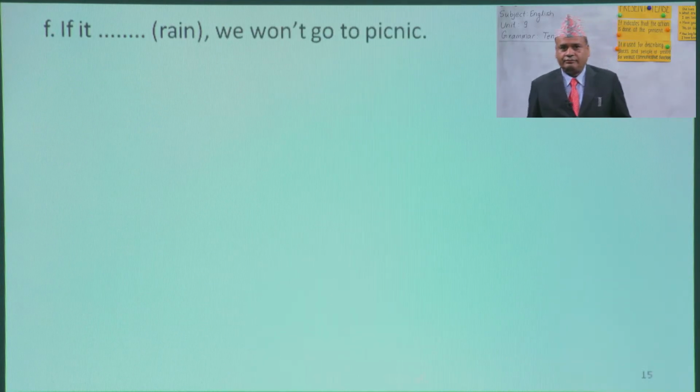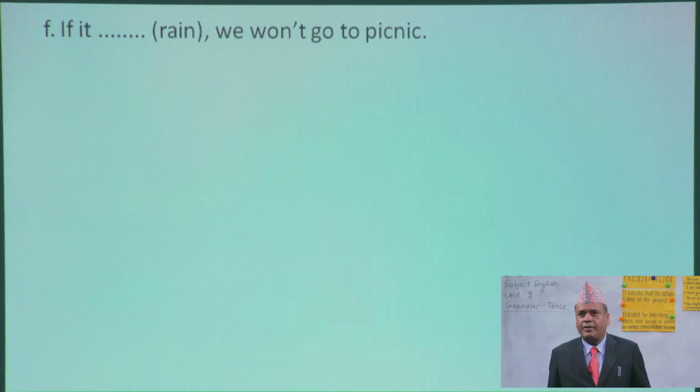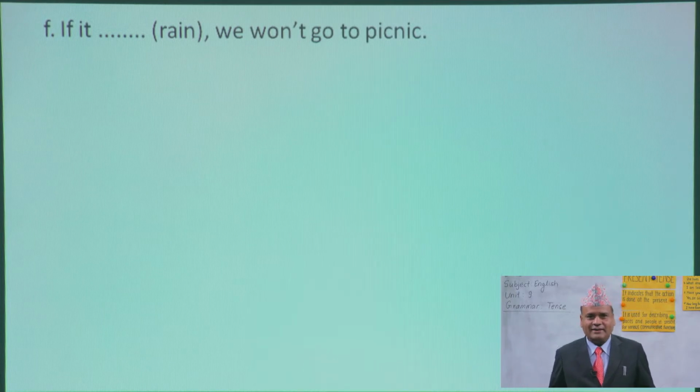Let's look at the next sentence. If it rain, we want to go to picnic. This is the condition, right? So, now it's not raining. We have a plan for a picnic. And if it rains, we want to go to the picnic. So, this is the conditional one, right? And this is the first case, okay, of the conditional. This is a possible one, right?